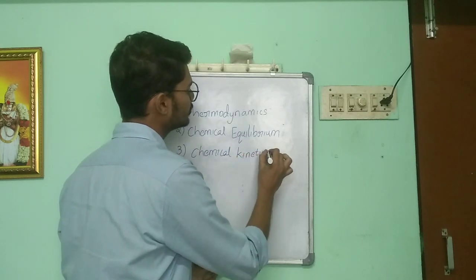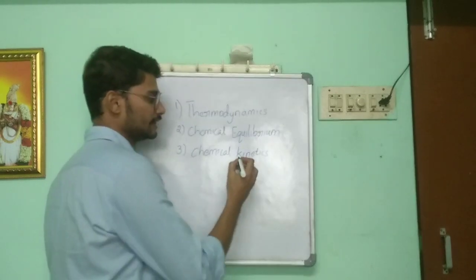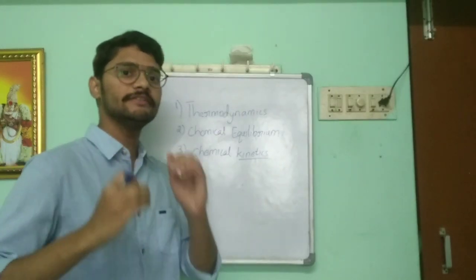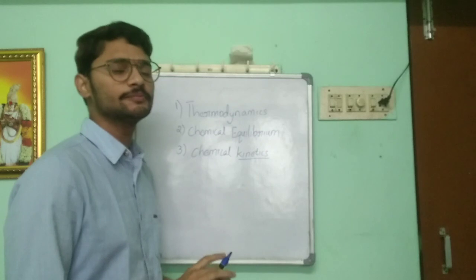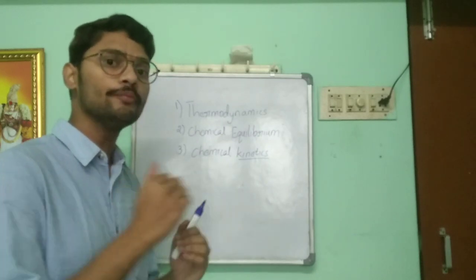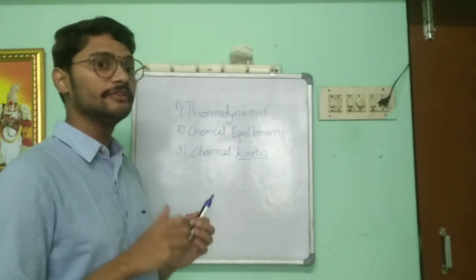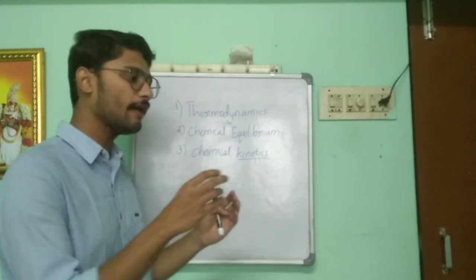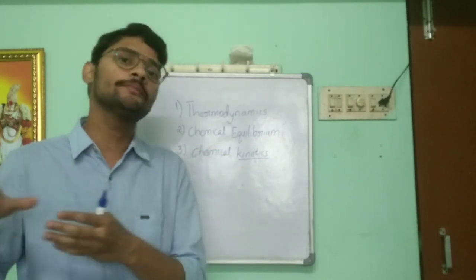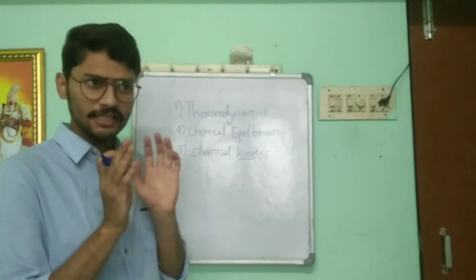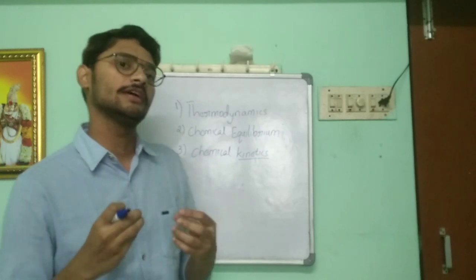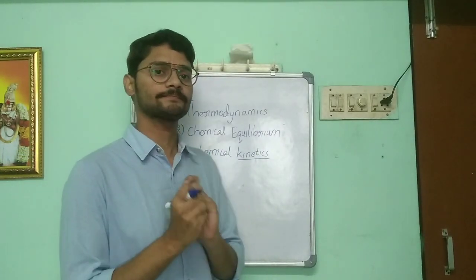Chemical kinetics: seeing the word kinetics, what comes to your mind? Just give a thought about it. Kinetics means motion or movement, and with respect to time. Whenever we do something somewhere, we say that I have done this much amount of work in this much amount of time. So is there anything that you remember which can relate time and distance?